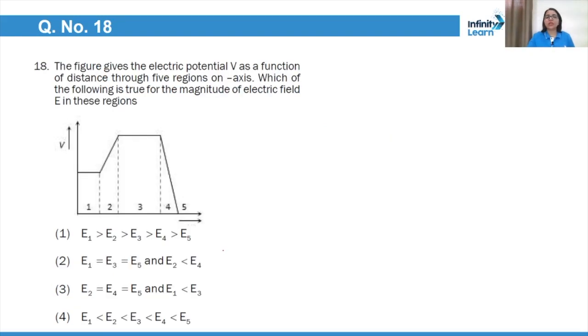Next is question number 18. The figure gives the electric potential V as a function of distance through 5 regions on the x-axis. Which of the following is true for the magnitude of electric field E in this region? So E is equal to minus dV by dr. So the slope in region 1 and 3, and in 5 it is 0, right? If slope is 0, dV by dr will be 0.